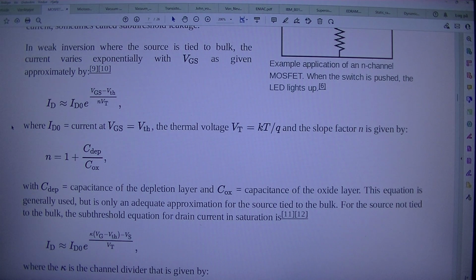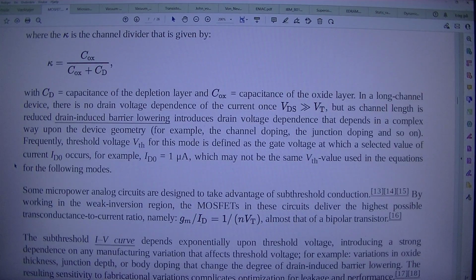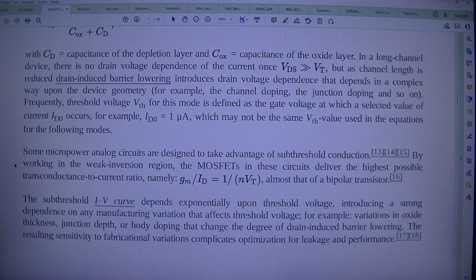This equation is generally used but is only an adequate approximation for the source tied to the bulk. For the source not tied to the bulk, the subthreshold equation for drain current in saturation is given, where the factor is the channel divider, given by an expression with CD equals capacitance of the depletion layer and COX equals capacitance of the oxide layer.